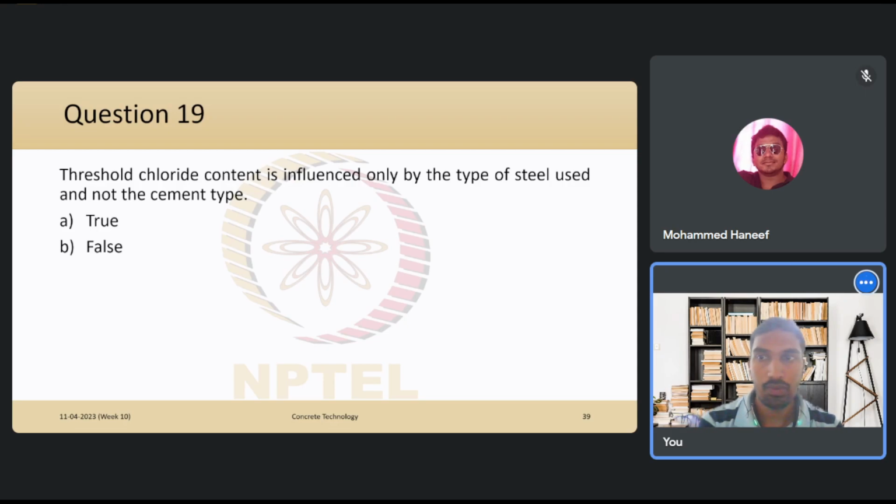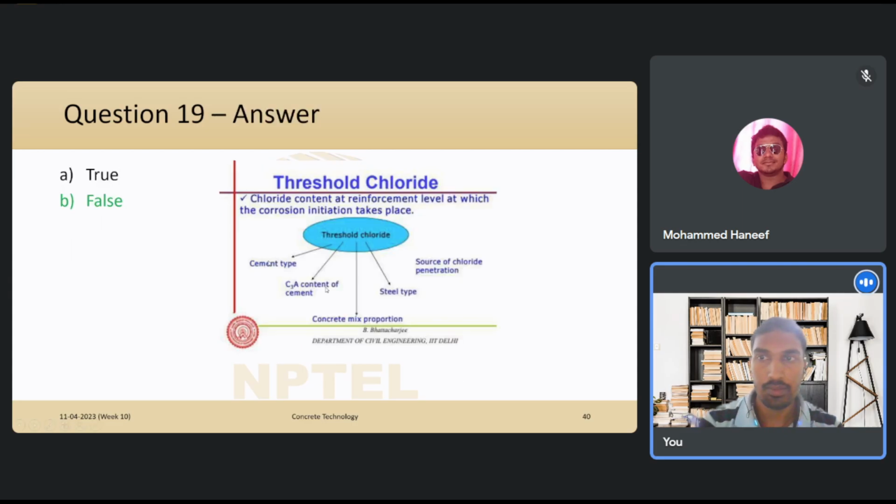Okay, we have one vote for B. So B is the right option, so it is false.